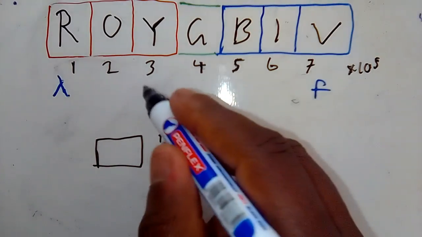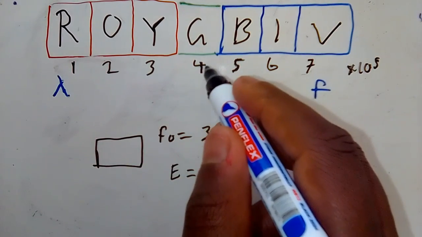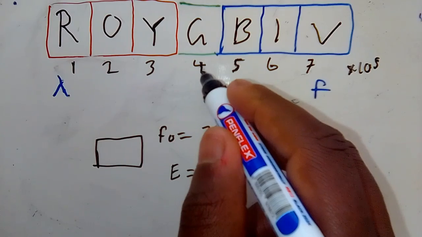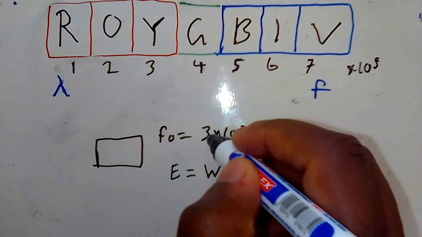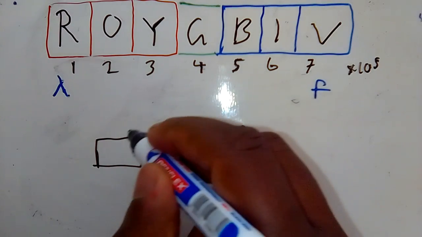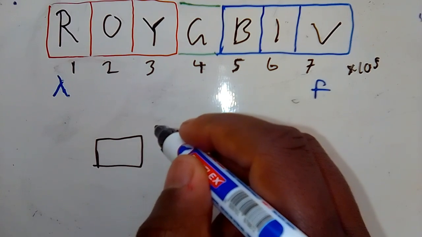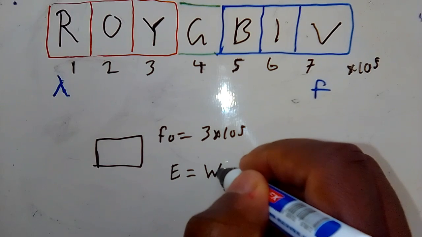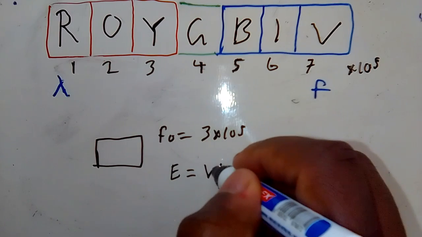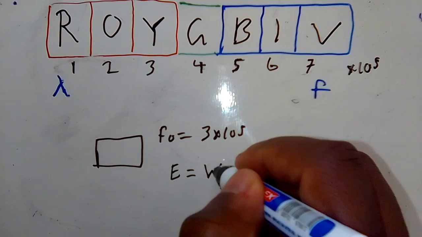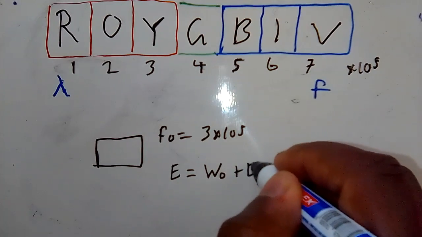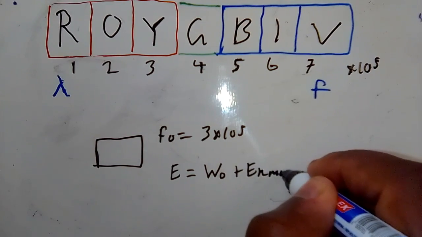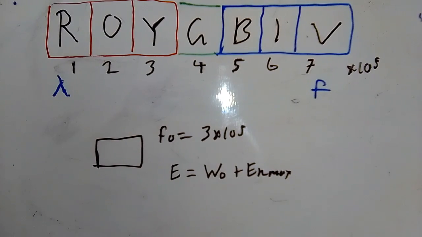But if I take a green light, because the frequency is bigger than the threshold frequency, electrons will not only get emitted, they will also have kinetic energy, because whenever the energy is bigger than the work function, it means the energy is enough to remove electrons from the surface of a metal and also to give them kinetic energy. So that's how it is.